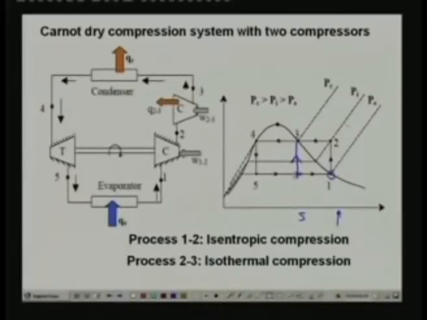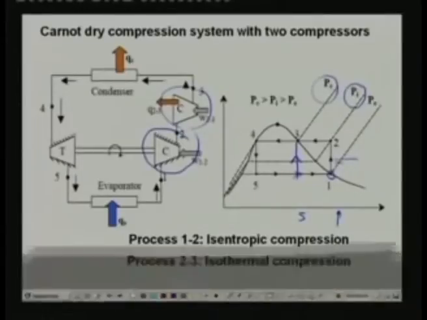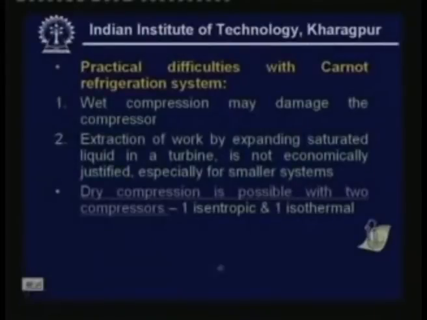But you have to achieve the compression process, so you have to add another compressor. That means the compression process is split into two parts. Part 1 to 2 is an isentropic compression from evaporator pressure PE to an intermediate pressure PI, and process 2 to 3 is isothermal compression from intermediate pressure PI to condenser pressure PC. So by using two compressors instead of one compressor, you can eliminate the problem of wet compression.